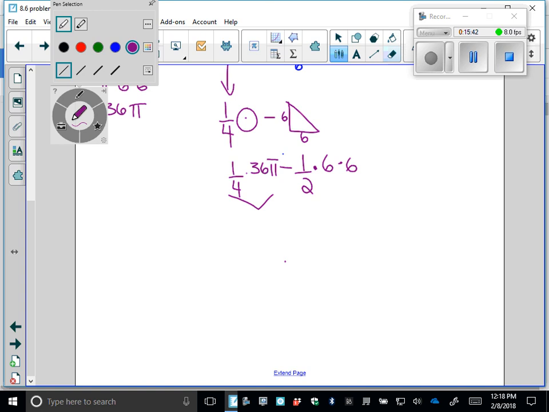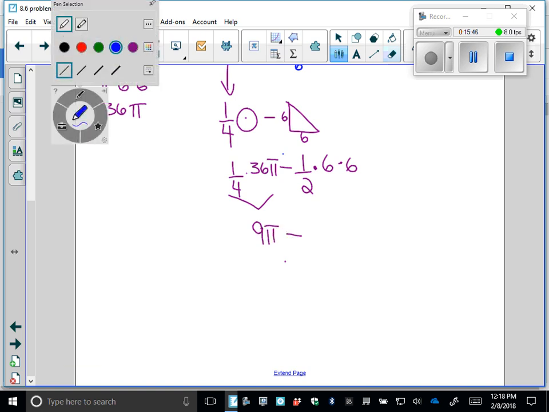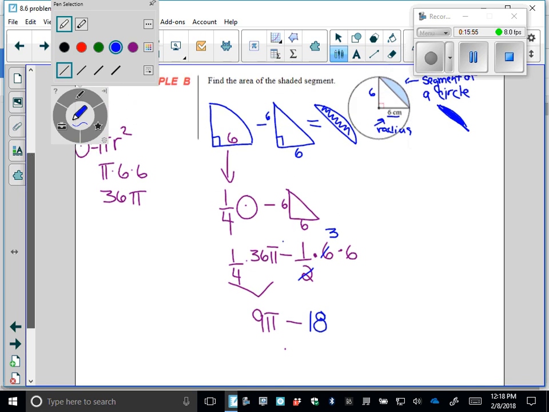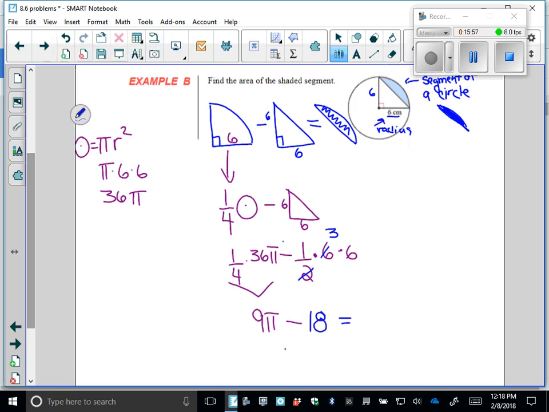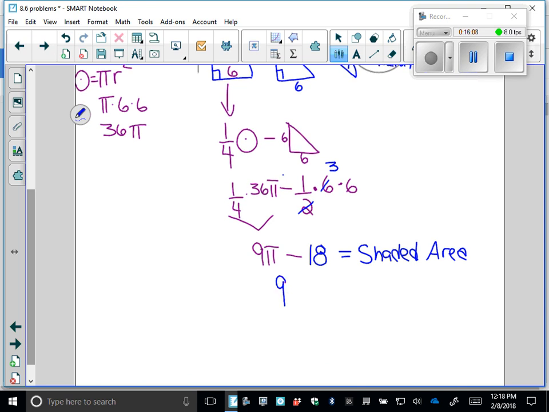So this is 9 pi minus 18. That's my shaded area. So we would say it's 9 pi minus 18 centimeters squared.